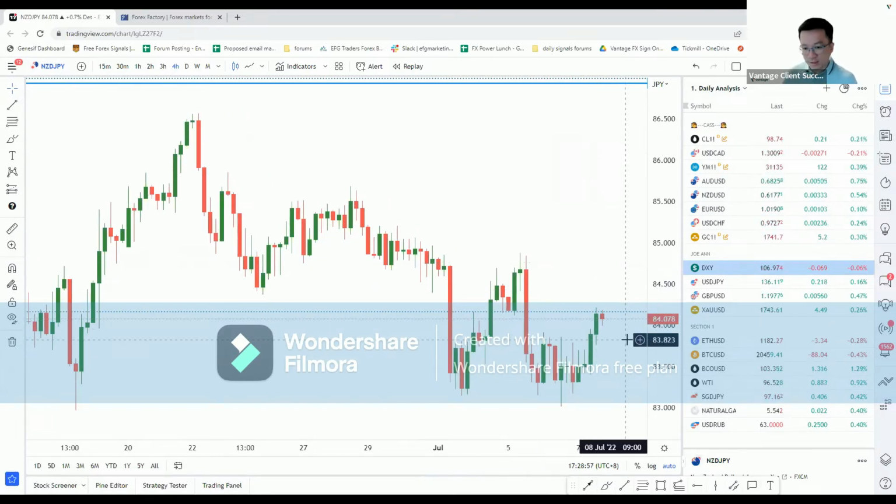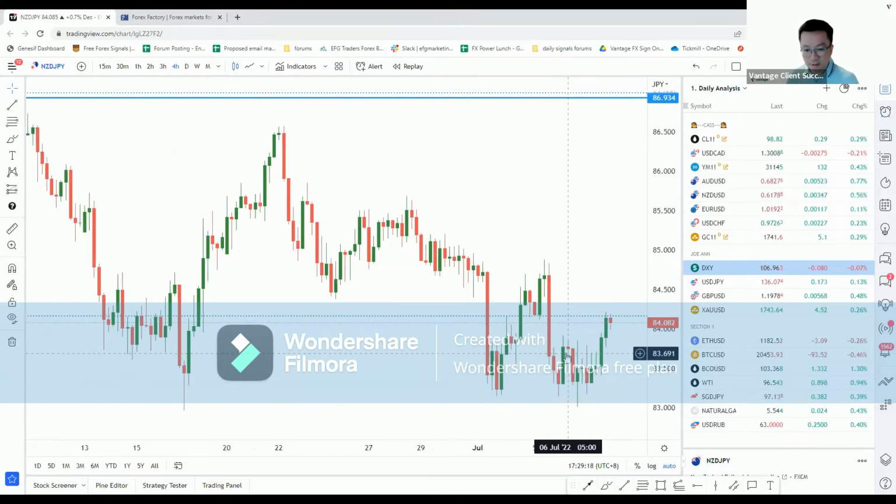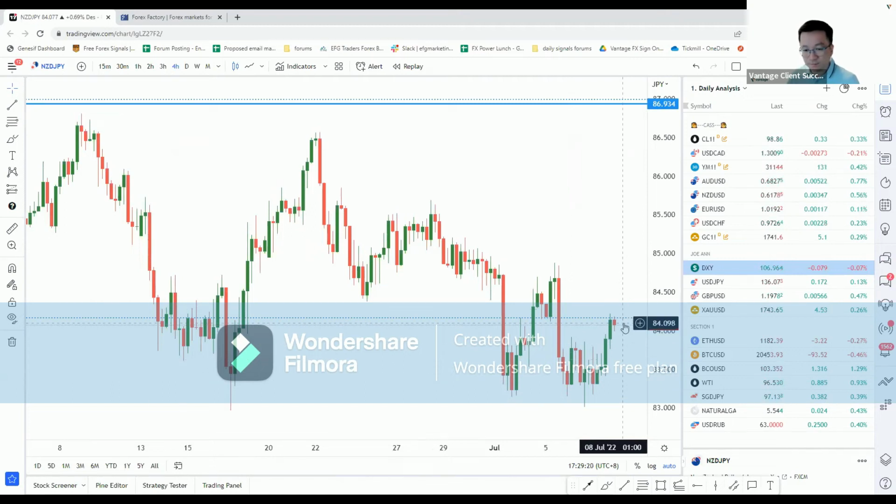Currently, New Zealand yen is sitting at this 84 level. It's just recently tracked upwards from that 83.30 level. I anticipate that we might see this continue in this slight consolidation that we've seen.